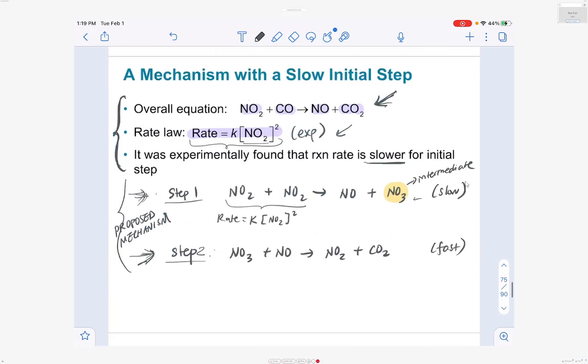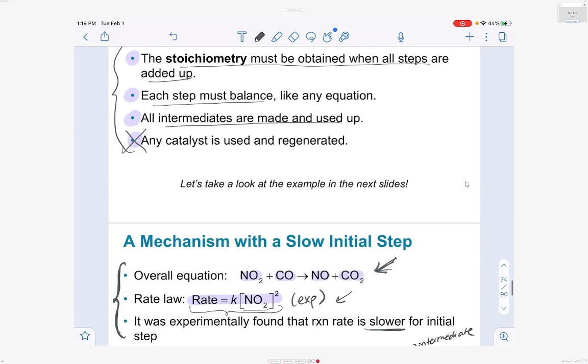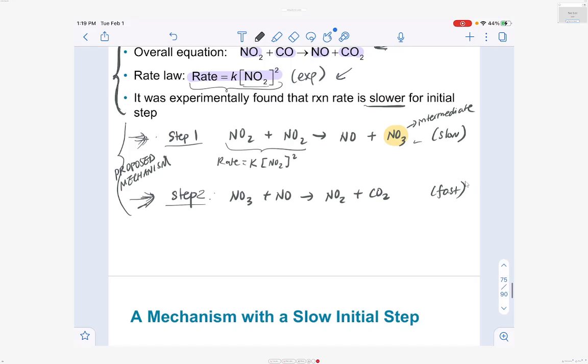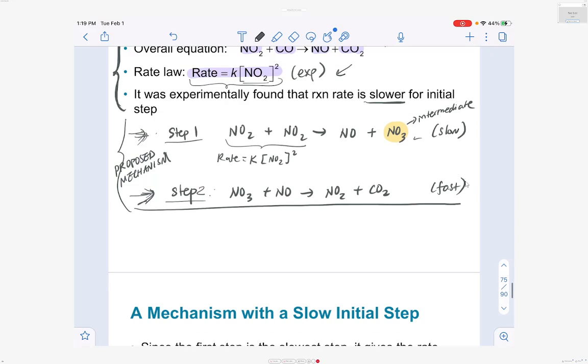Okay, so let's see if the stoichiometry is obtained when all steps are added up. When you add all the reactants and all the products, this is what you're going to have.